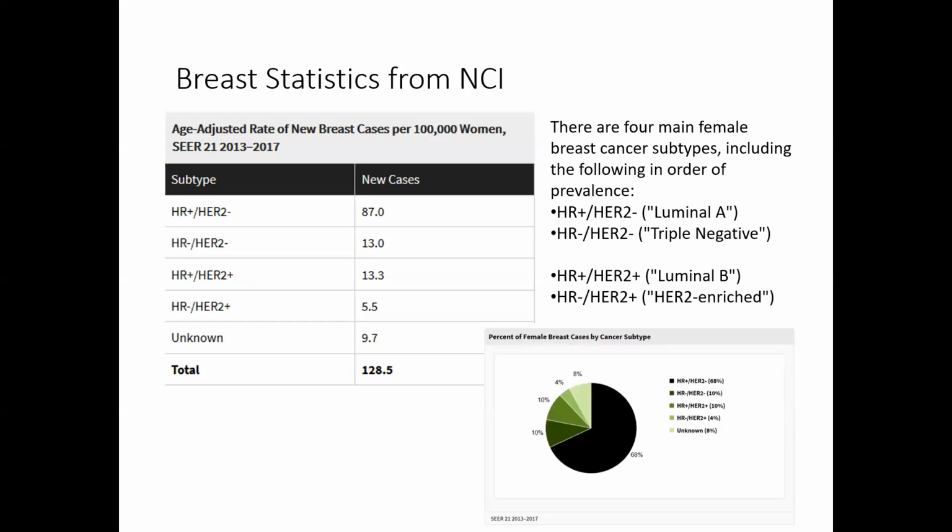So this pie chart shows the percentage of female breast cases by cancer subtype, with 68% of the cases being hormone receptor positive and HER2 negative, which is shown here by the darkest color.